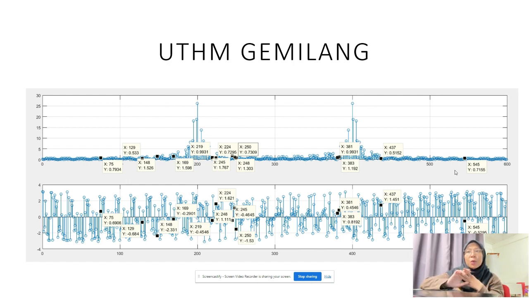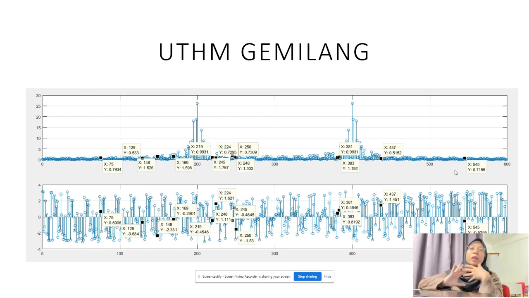So we get UTHM Gemilang with the space, because the space also has a magnitude and phase.